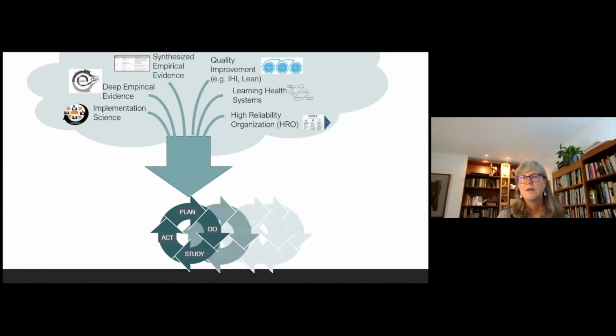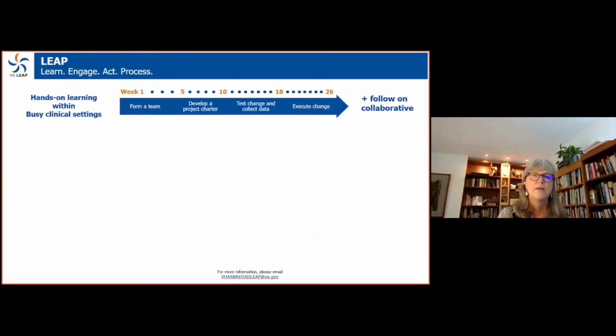And there also is the high reliability organization that some of you may be involved in. Every one of these has at its heart, at some level, a pillar or a principle, engaging teams in cycles of plan, do, study, act, or some level of engagement in continuous improvement.